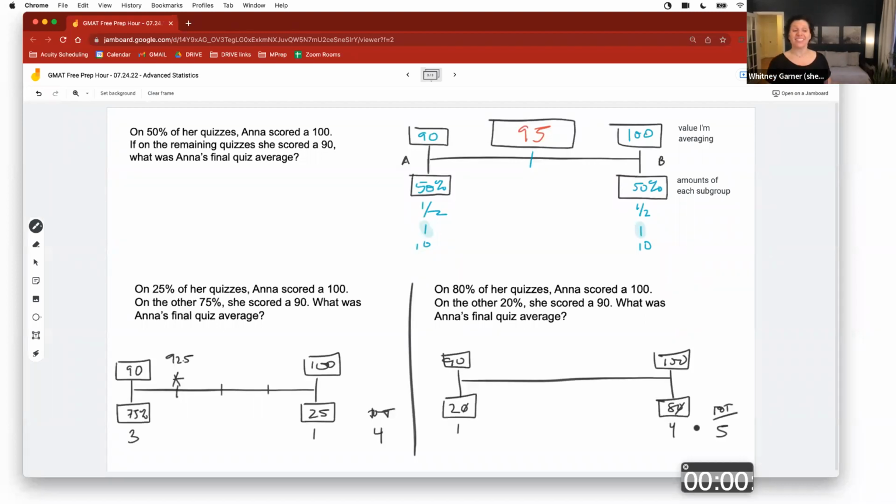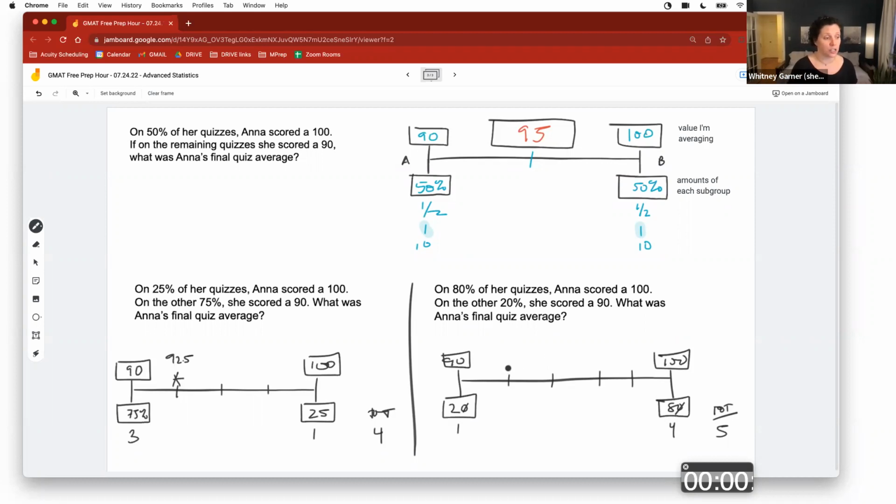Now, this math is simple enough. You could just add them up, right? 1 times 90 plus 4 times 100 divided by 5, and there's your answer. But I want you to also see that if I break this line into 5s, it doesn't have to be perfect, but a line of 10 from 90 to 100 broken into 5s means that I go 2, 4, 6, 8, 100.